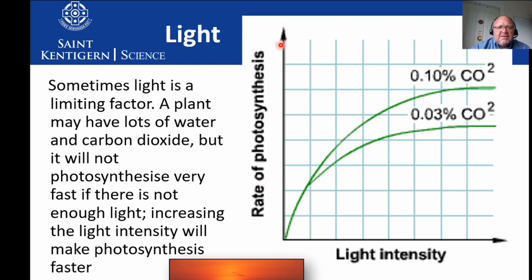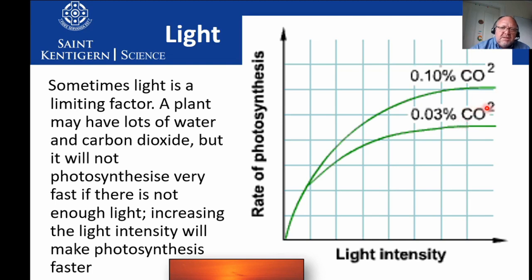Okay, so looking at how this works mathematically, your rate of photosynthesis will go up if your light intensity increases. So as this increases, your rate of photosynthesis goes up, but it actually plateaus off. You can see we can only make the light brighter and brighter and brighter up to a certain point, and at that point you're going to have a limiting factor coming in.